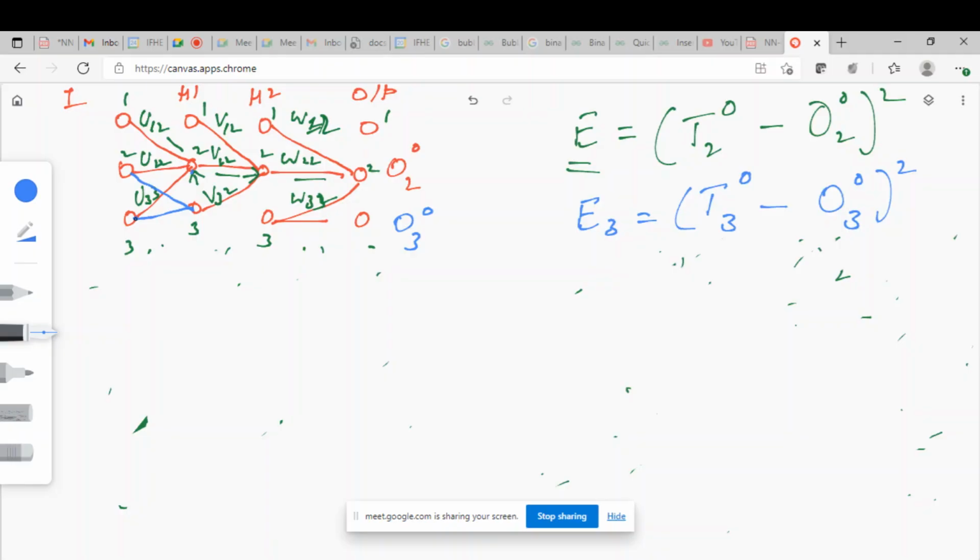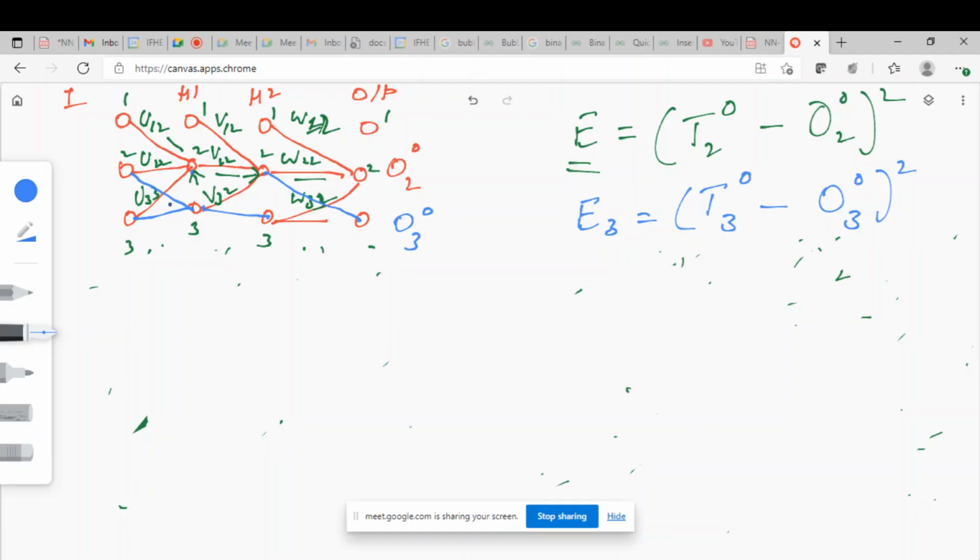Similarly, this neuron is connected to here, and it should also be connected to this neuron. Fine.